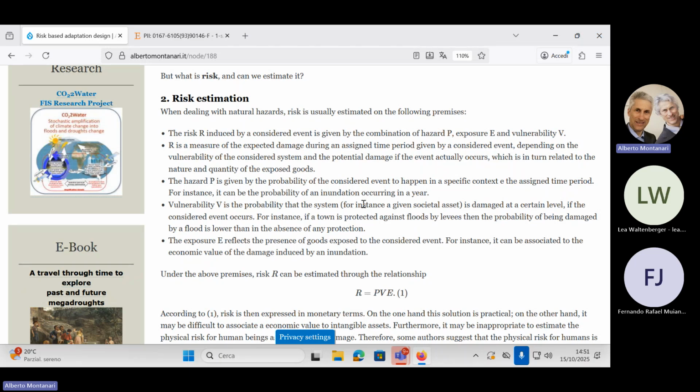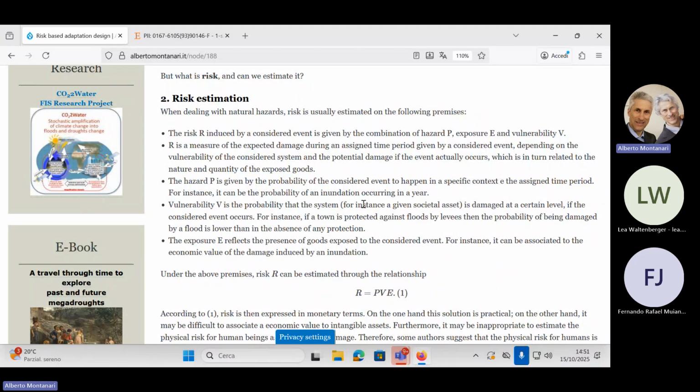Probability is often called also hazard. We measure the hazard with the probability. And this is why, keep it in mind, we talk about hazard and risk, a completely different story. So when you see the media mentioning natural hazards, it means natural events, and they refer to the probability.